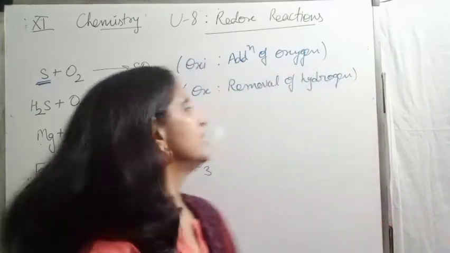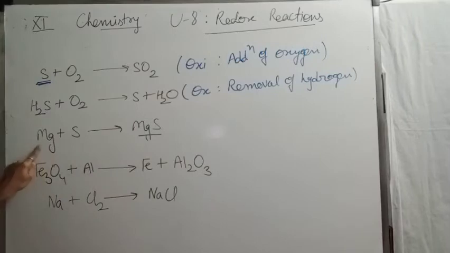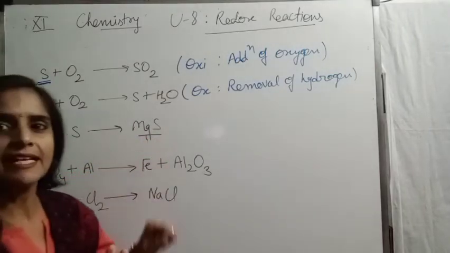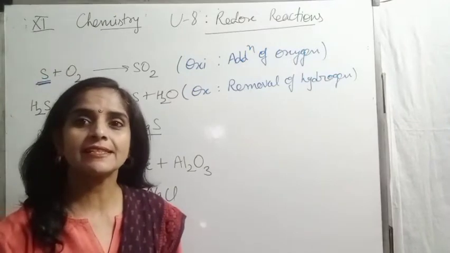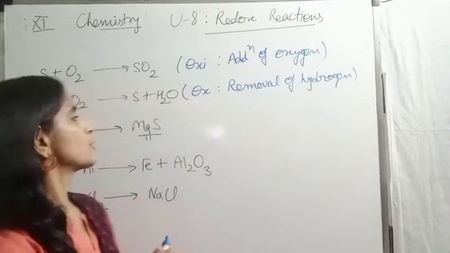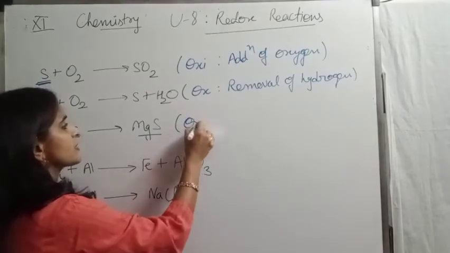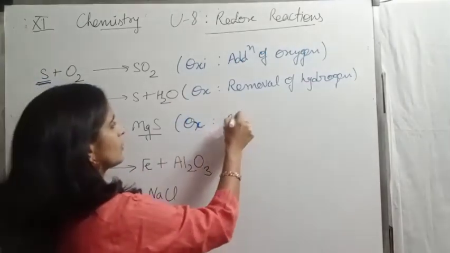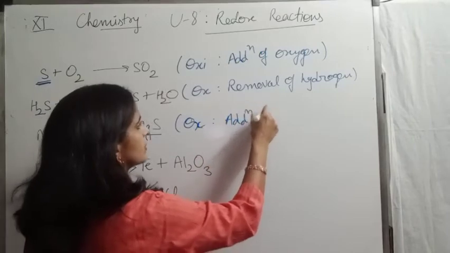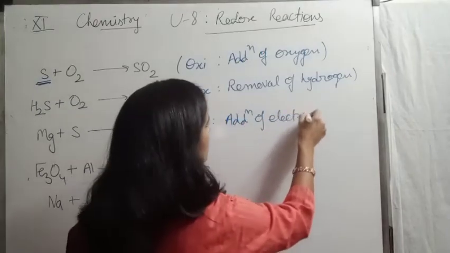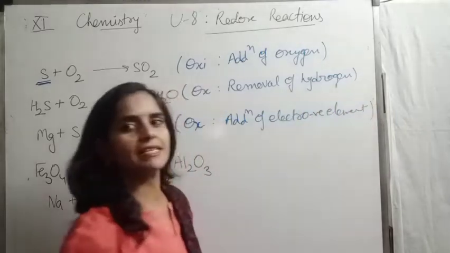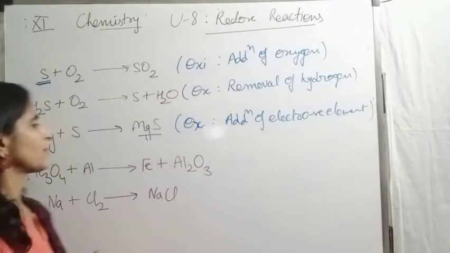So in this case, magnesium is converted into MgS, meaning it has taken sulfur, which is an electronegative element. So this is another way to define oxidation, that addition of electronegative element is also termed as oxidation.